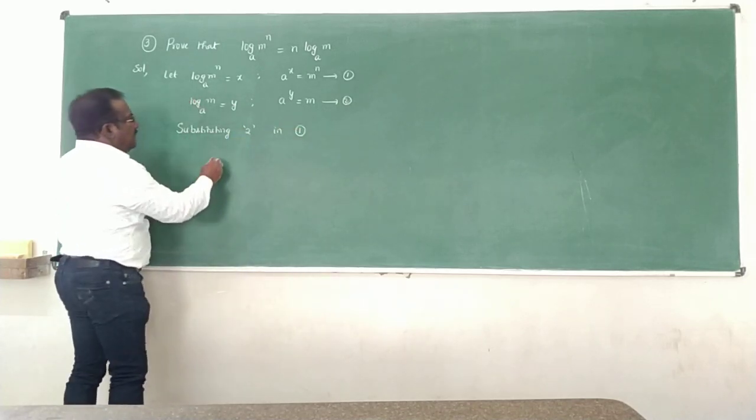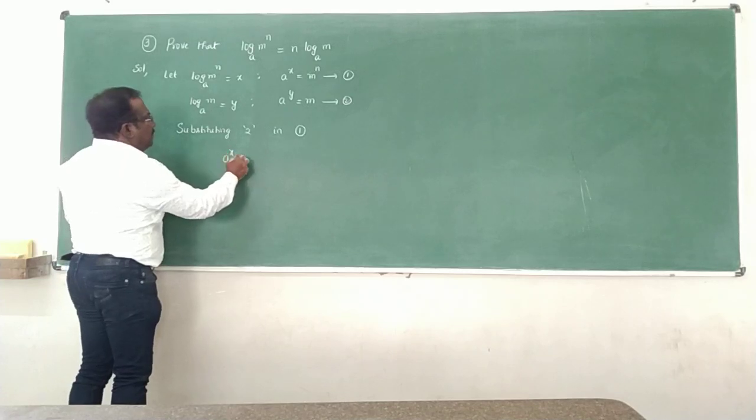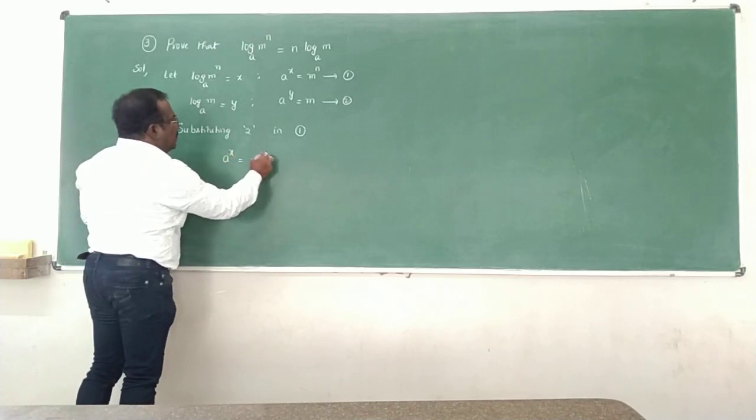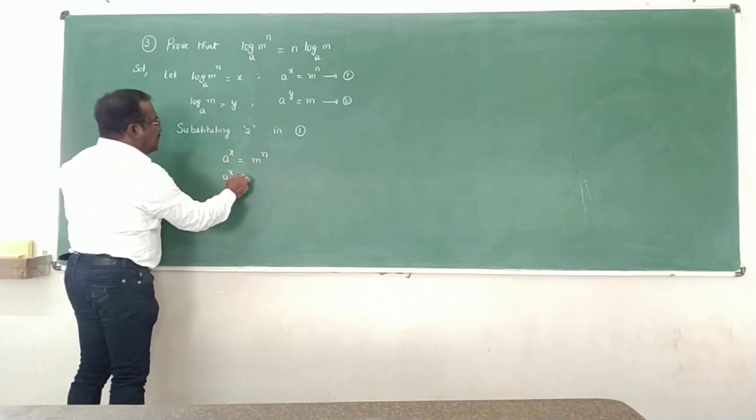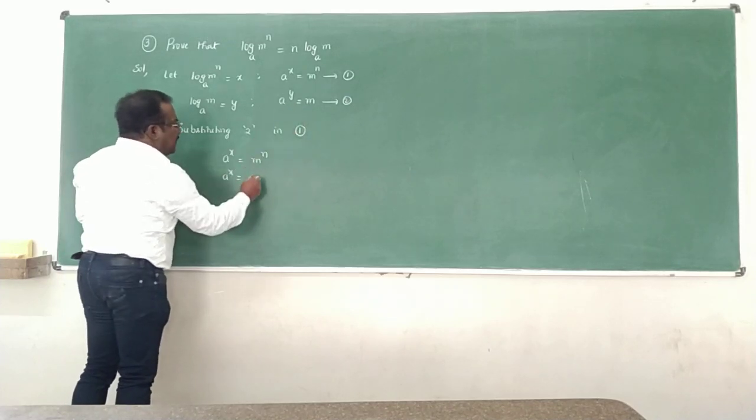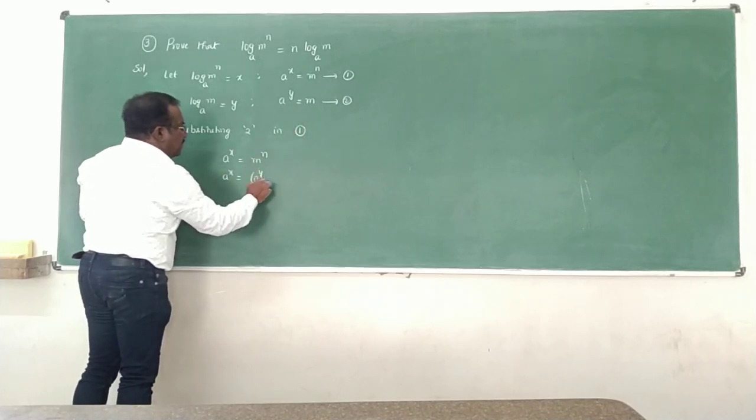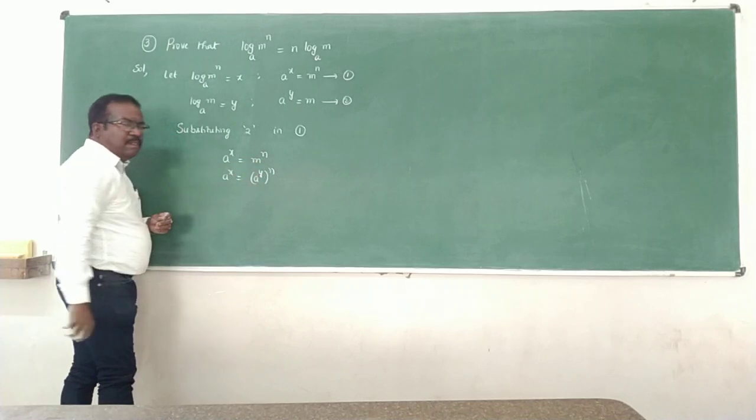In 1, that is a^x = m^n, and m is a^y, so a^x = (a^y)^n.